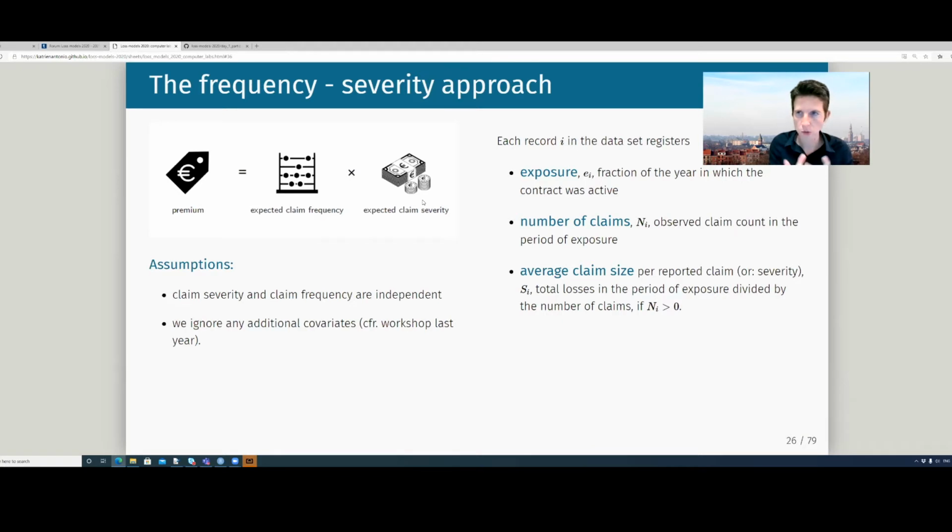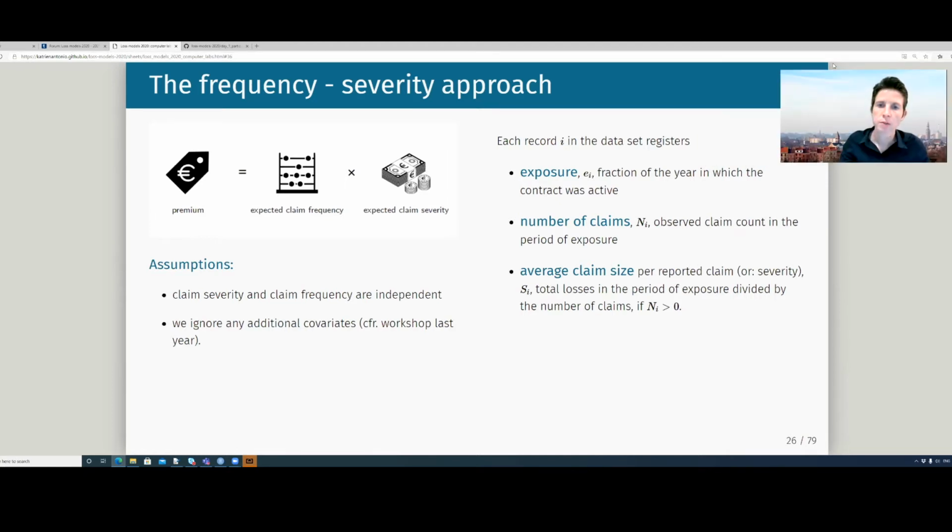In this particular session for today and for Thursday, we're going to ignore any available covariates. We'll come to that next year, right? What you need to know for now is that each record i in our dataset registers the exposure, which is the fraction of the year in which the contract was active.